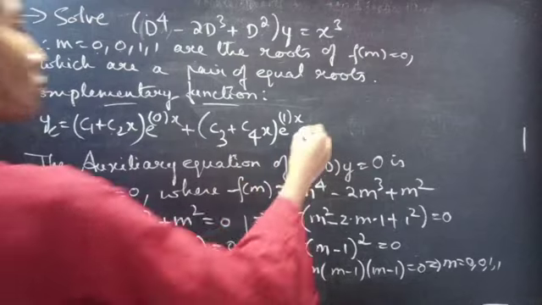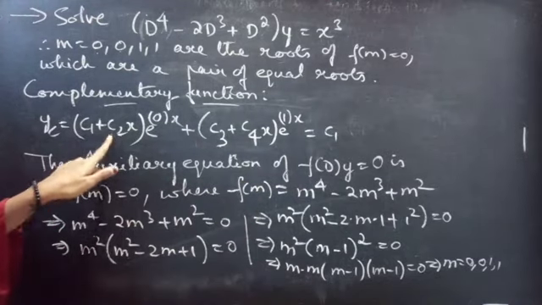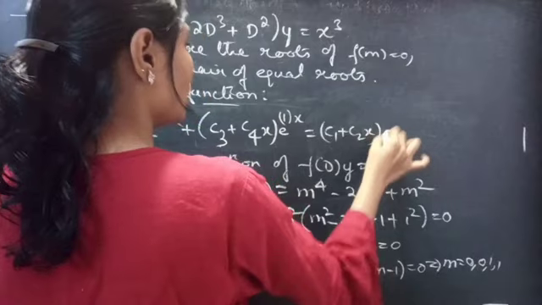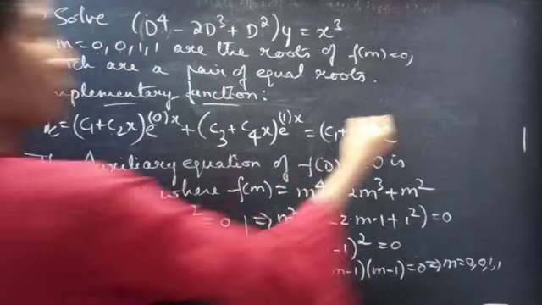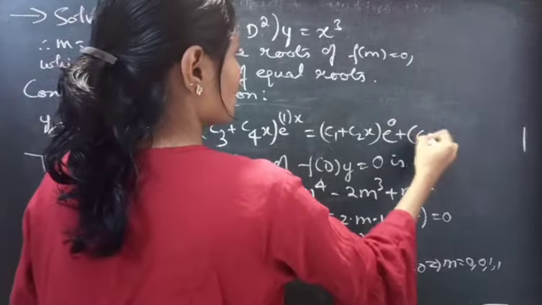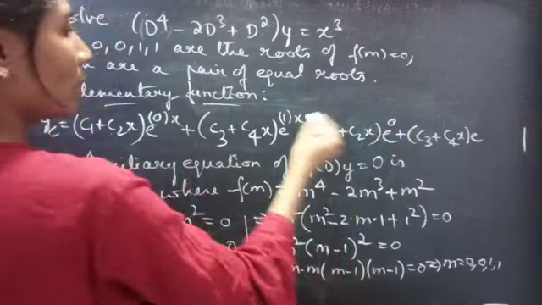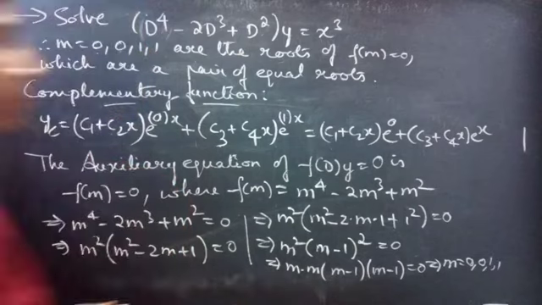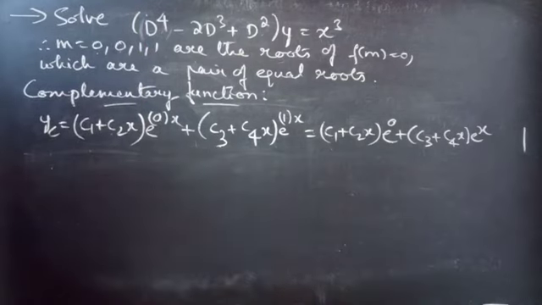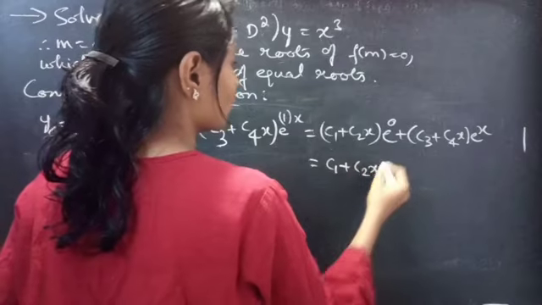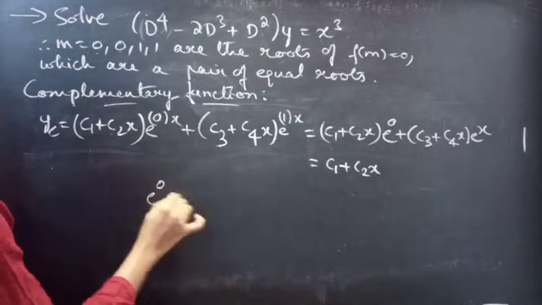Which equals (c1 plus c2x) into e power 0 into x, which is 0, plus (c3 plus c4x) into e power 1 into x, which is x. This becomes (c1 plus c2x). We know that e power 0 is 1, right?